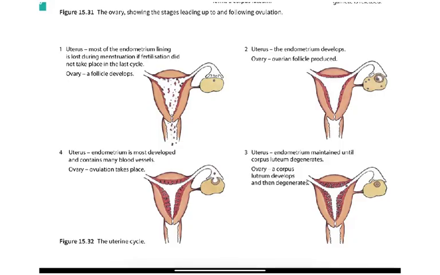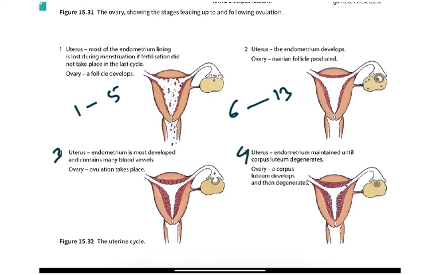Next, we talk about what is happening inside the uterus. In the uterus, most of the endometrium lining is lost during menstruation, the first 5 days, day 1 to day 5, and then day 6 to day 13, the endometrium develops, as the ovarian follicle is produced. And then we have, this is number 3, there's a mistake in the book.